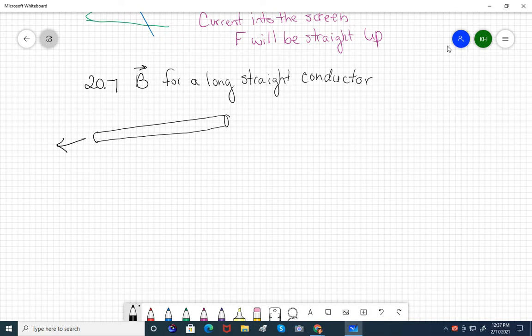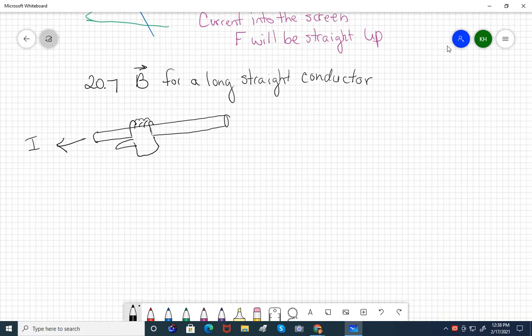What you have to be able to do is grab it with your right hand with your thumb in the direction of the current. So I would need my thumb to point this way, and I would grab it with my right hand. Notice my fingers are going to curl around. There's my hand. And I grab it.